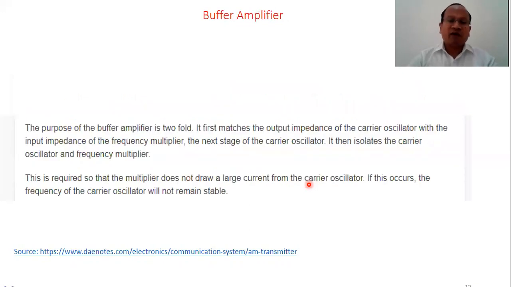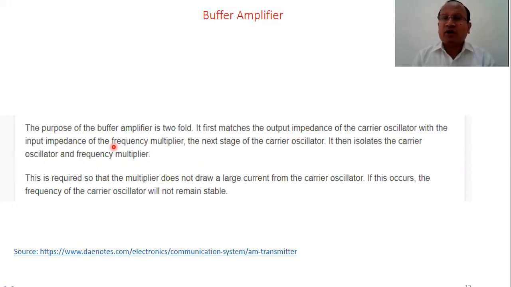There was a buffer amplifier. Let's understand why the buffer amplifier is used. There are two reasons why we use a buffer amplifier. The first is that it matches the output impedance of the carrier oscillator with the input impedance of the frequency multiplier. I was also using the term isolation, that is, it is an isolator and an impedance matcher.